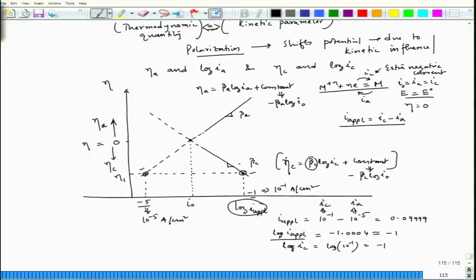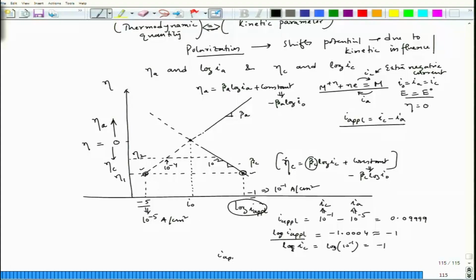Now, if we go for a different level of overvoltage, let us say eta 2, at that time this value is 10 to the power minus 4 and this is 10 to the power minus 2, and I could see that they are again coming close in approximation.